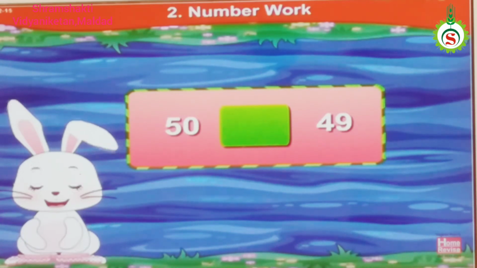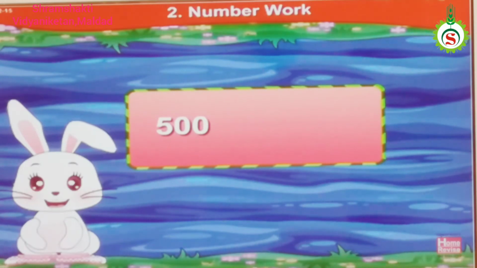So we put the symbol of greater or bigger towards 50 like this. 500 box 499. Now 500 is greater than 499. So we put the symbol of greater towards 500 in this manner.